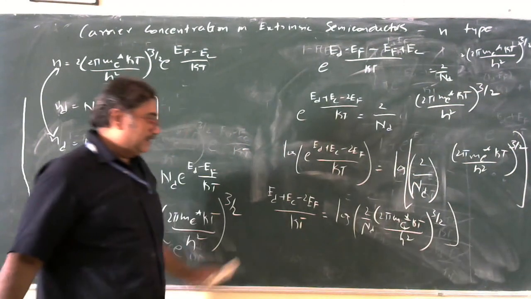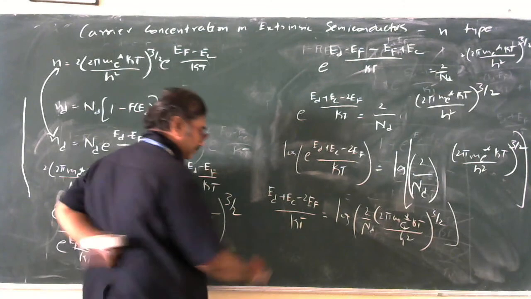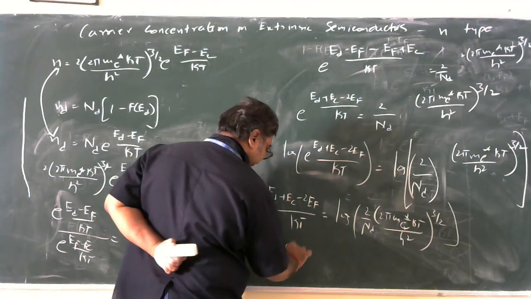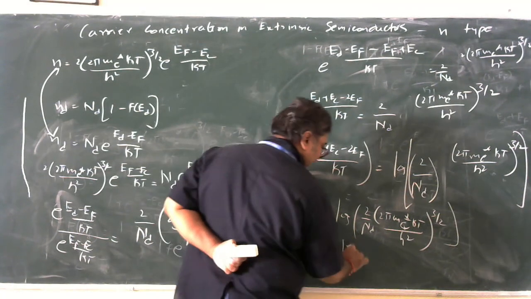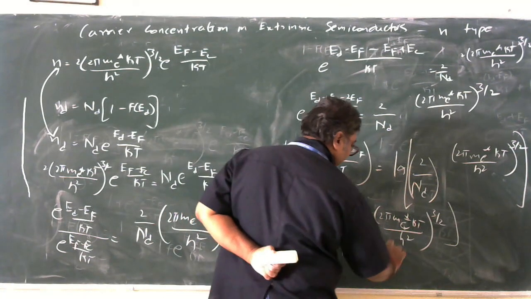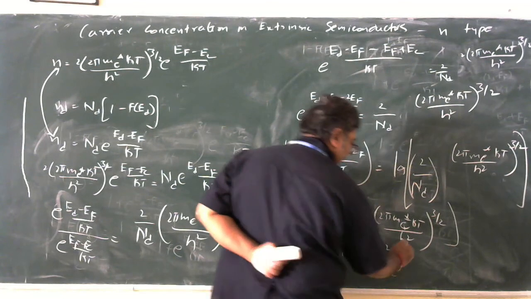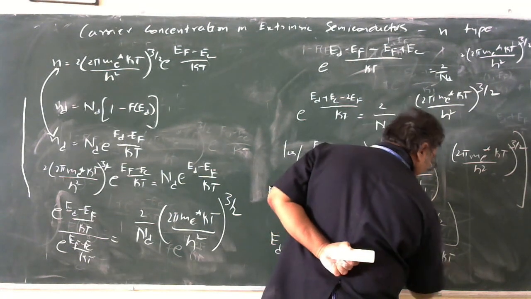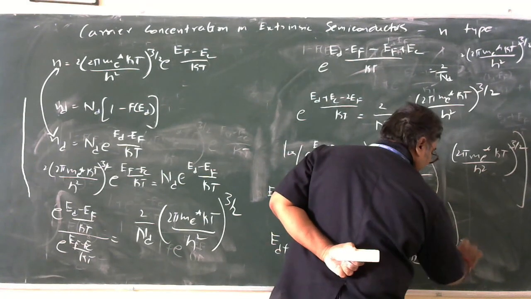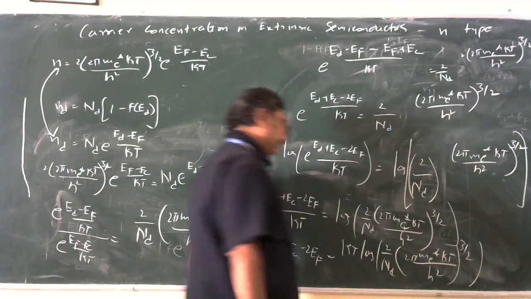So now let us take the KT to the other side. So this becomes ED plus EC minus 2EF equals KT times log of 2 by ND into (2 pi m e star KT by h square) whole power 3 by 2.